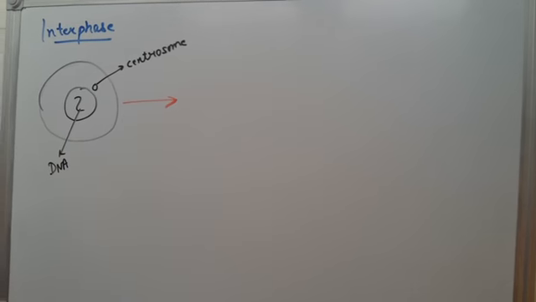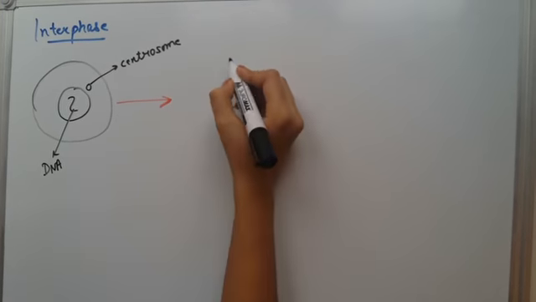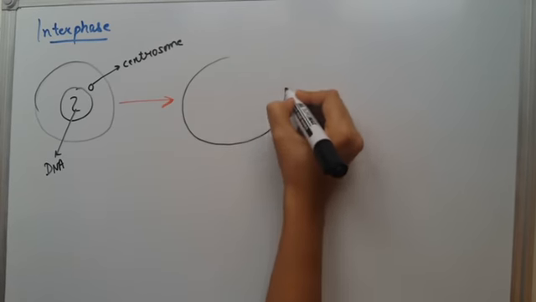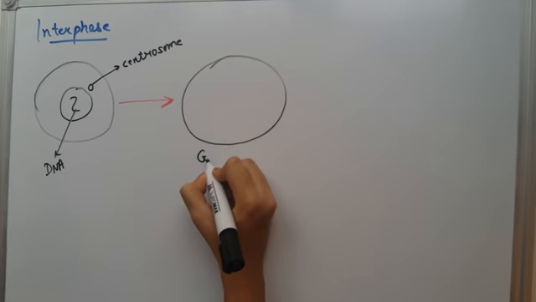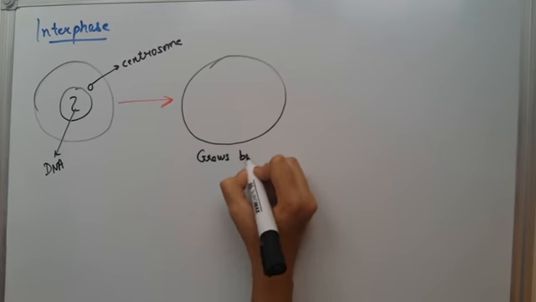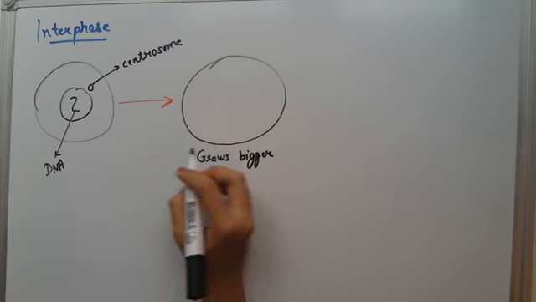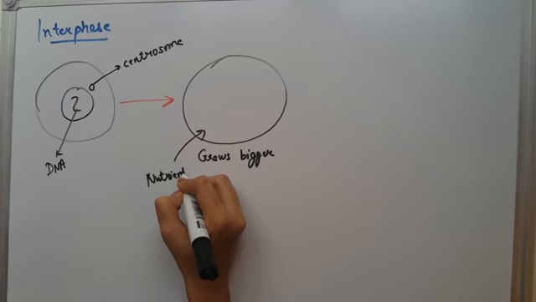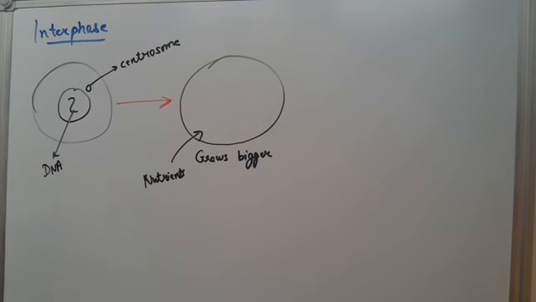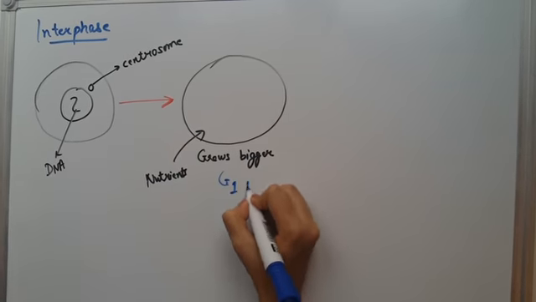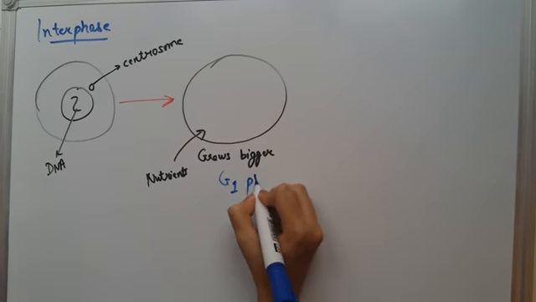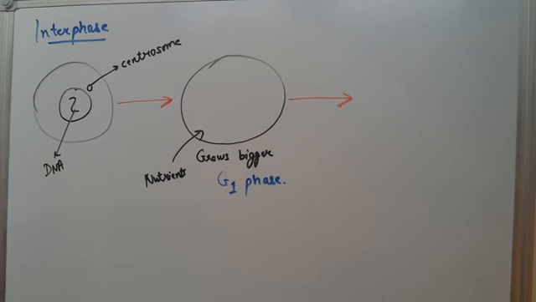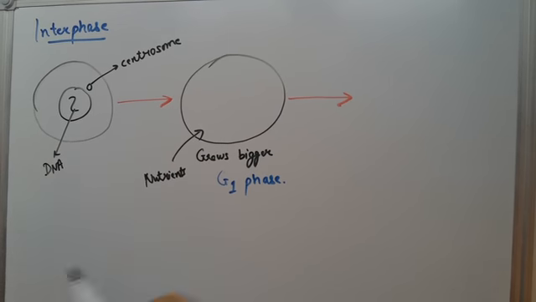Then it goes to the G1 phase. In the G1 phase, it grows bigger by taking nutrients from the environment. Then it goes to the S phase, and S stands for synthesis phase.